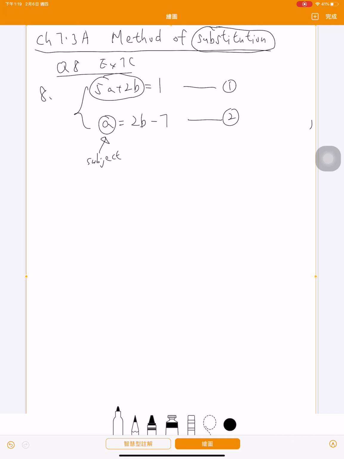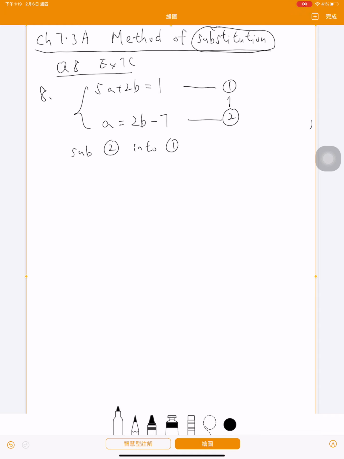So this time, we can only substitute this a into here, right? We know that a is 2b minus 7. We can substitute here, so that equation 1 only has b. So this time we can only substitute 2 into 1. Understand? So what should we write down? Again, substitute equation 2 into equation 1.